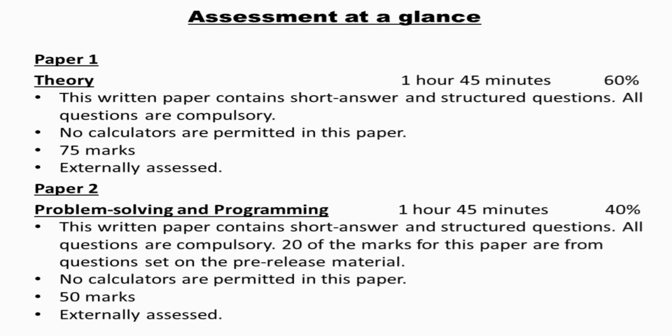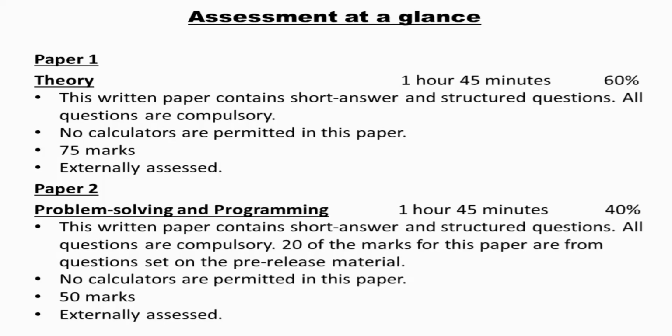Dear students, now I will tell you how the assessment of this Computer Science 2210 is made. Your Computer Science 2210 consists of 2 papers. Paper 1 is a theory paper. It is of 1 hour 45 minutes. It has the weightage 60% out of 100%. This is a written paper.